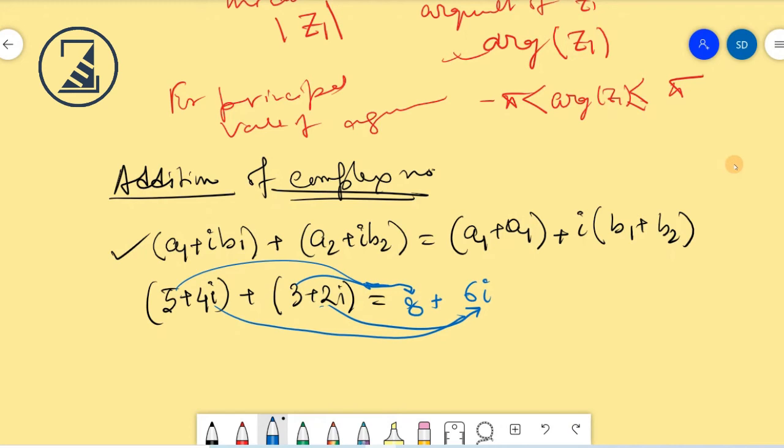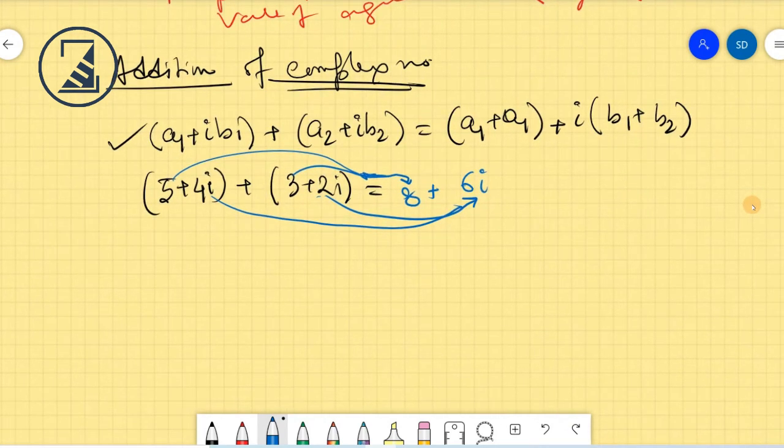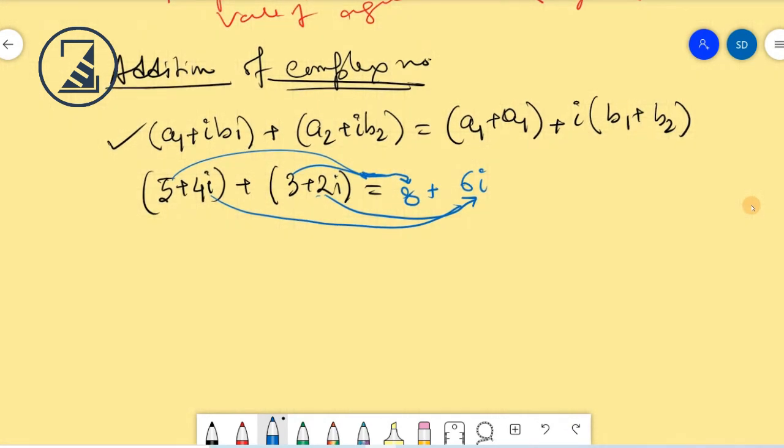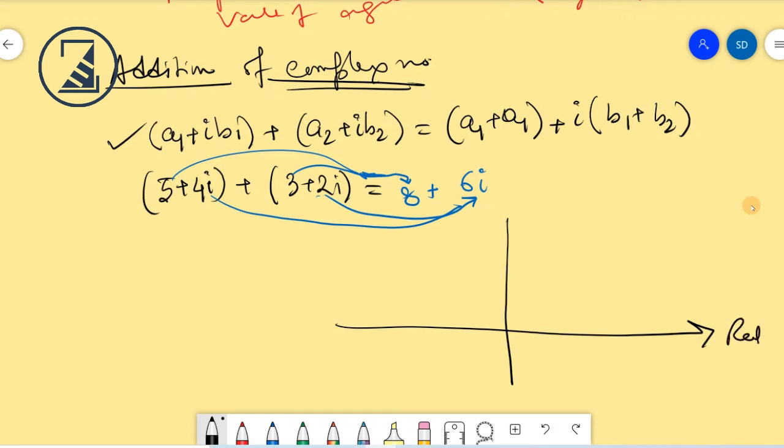Now let's see what this addition is doing geometrically. To understand it geometrically, we have to again draw this Argand plane. This is my real axis and this is my imaginary axis. Let's name this Z1, name this Z2, and this as Z3.